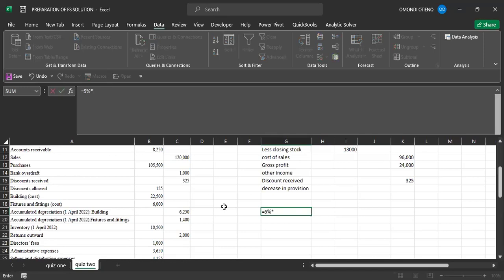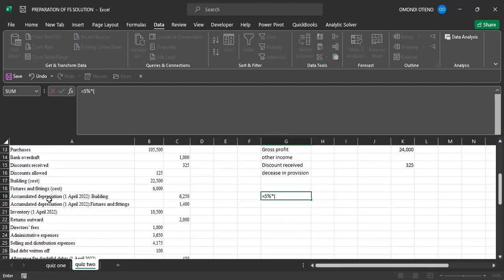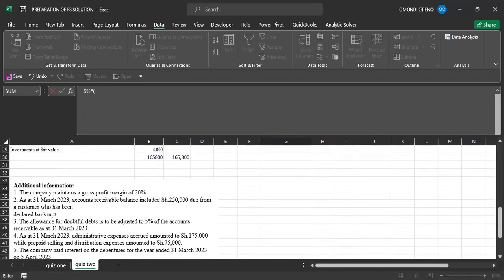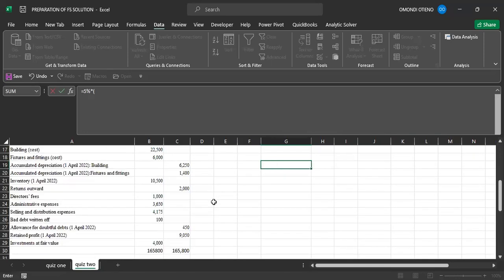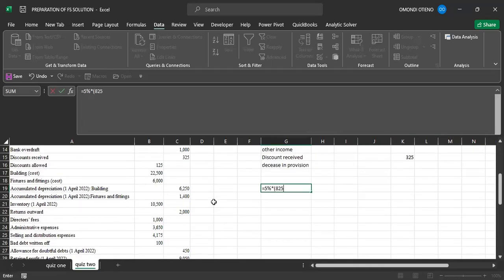Actually, the first thing here, as at 31st of March 2023, the accounts receivable balance included 250 due from a customer who has been declared bankrupt. So we have 8,250, including 250 for someone who has been declared bankrupt. So we remove it from the receivables account.